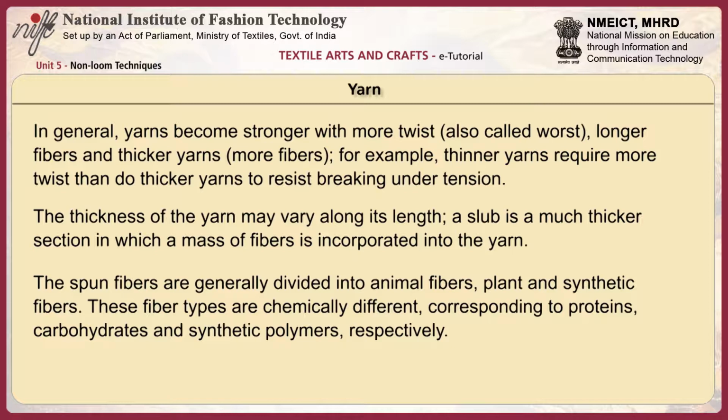The spun fibers are generally divided into animal, plant and synthetic fibers. These fiber types are chemically different, corresponding to proteins, carbohydrates and synthetic polymers respectively.